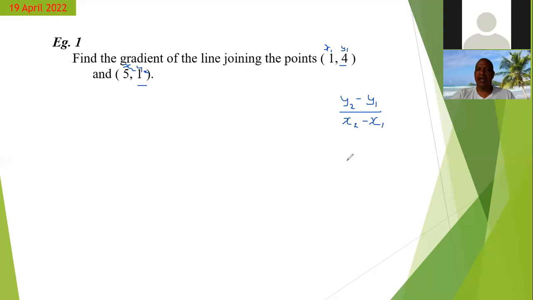So we would actually have 1 minus 4. And then we take away the x coordinate in 1 from the x coordinate in 2. So we would have 5 minus 1. And here we would have in the numerator a -3, and the denominator will get a +4.